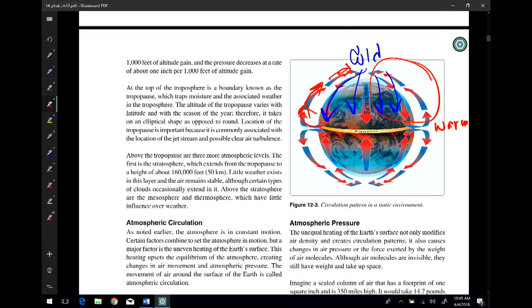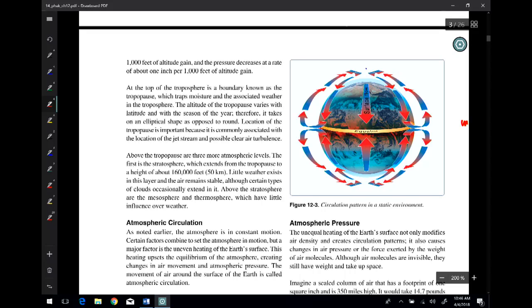The difference is that, instead of this static element, we know that this big blue ball of ours actually spins. The Earth moves, it turns. So we have not just the tendency for the air molecules from the poles to move toward the equator, and then they warm, and then they go up, and then they move back toward the poles on a higher trajectory, creating these loops.